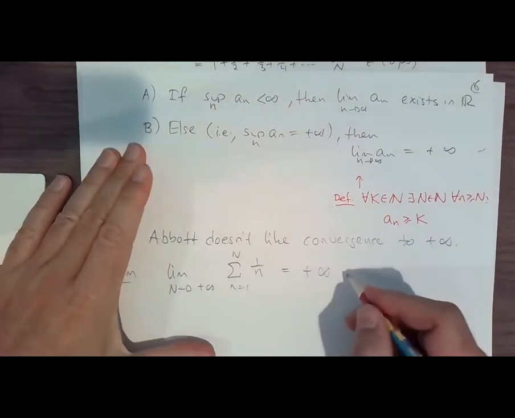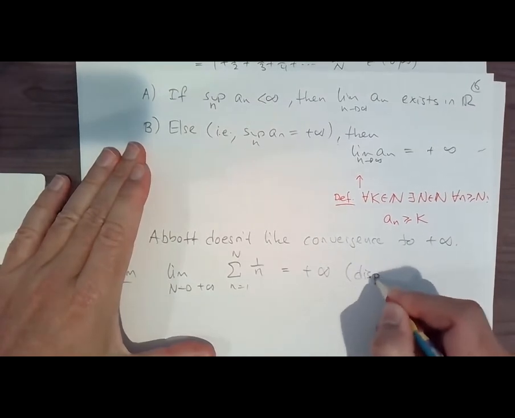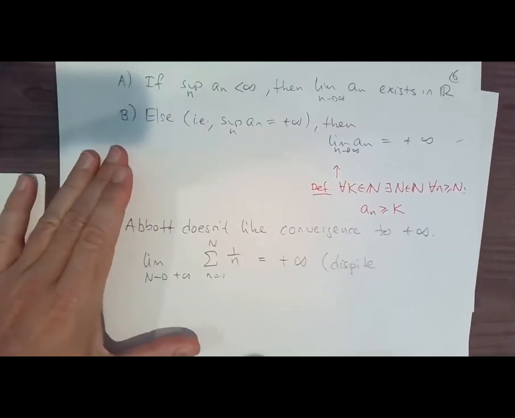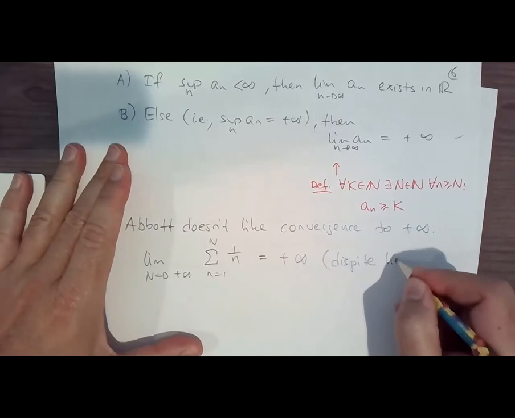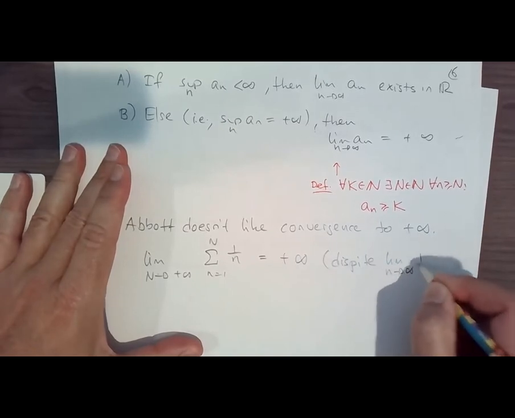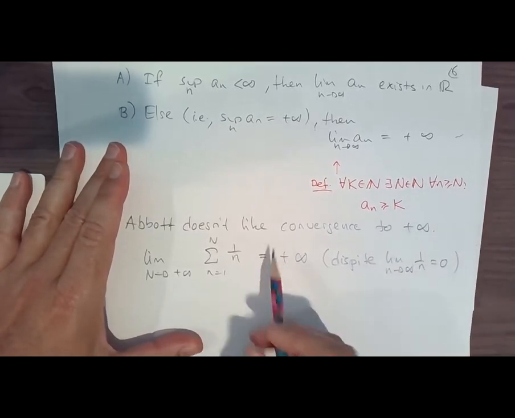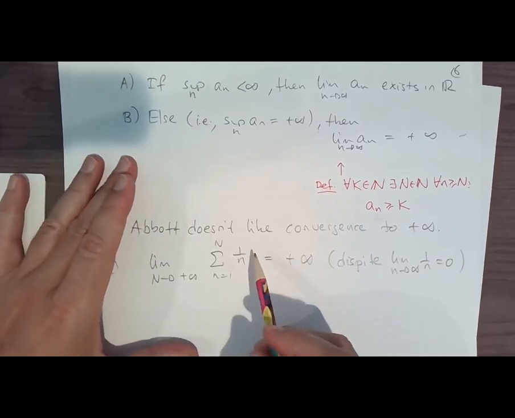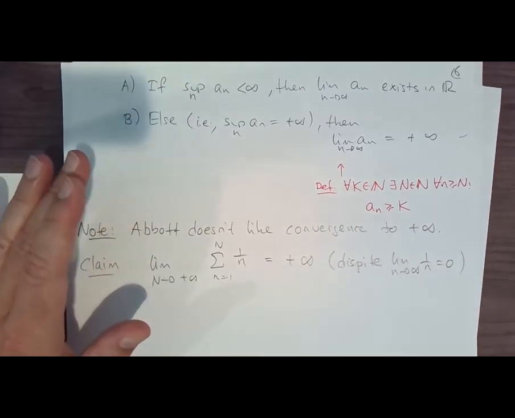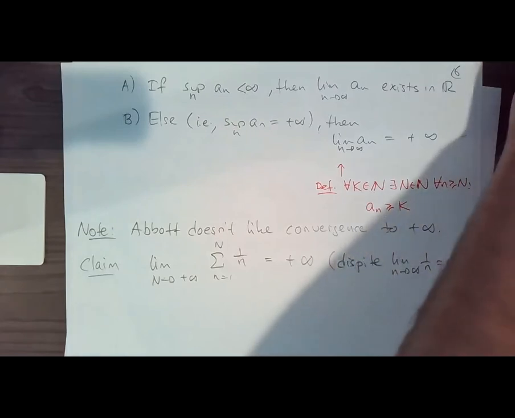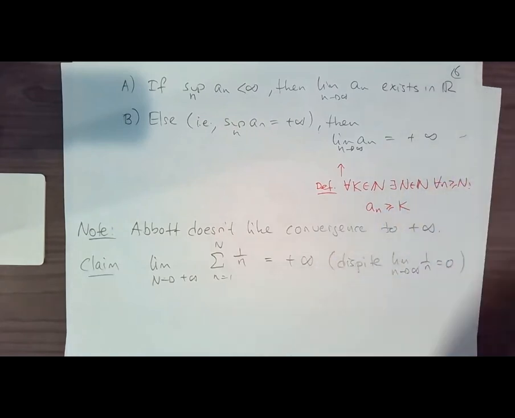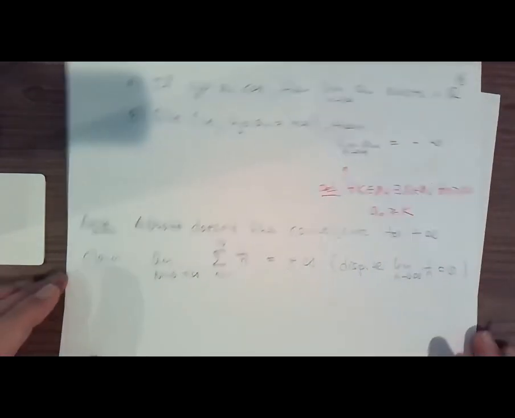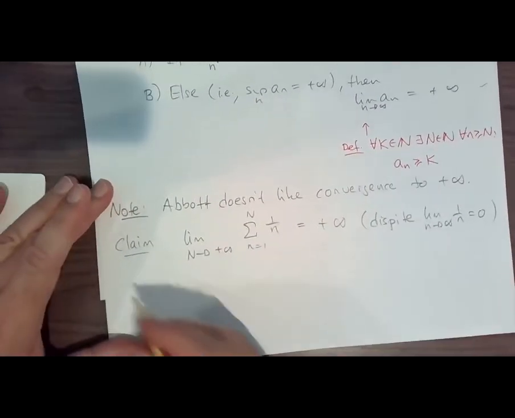And this is despite the fact that the tail terms 1 over n are small. Okay, so how do we prove the claim?